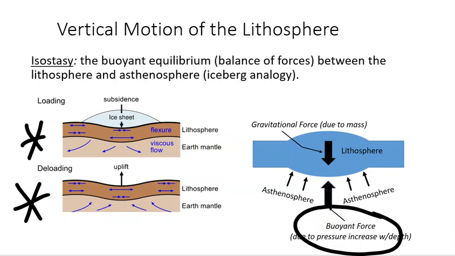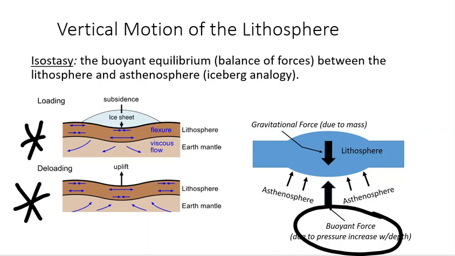And then what we're going to discuss in the next couple of slides is maybe something that's not intuitive to a lot of us, and it's known as the buoyant force. And the buoyant force opposes gravity in that it pushes upward on the bottom of the lithosphere.